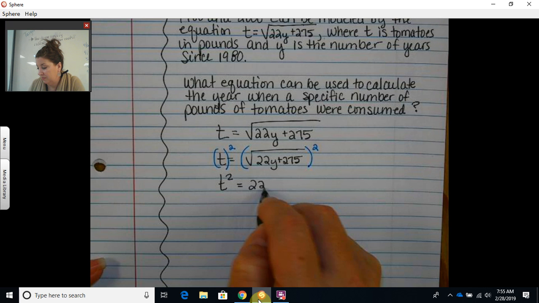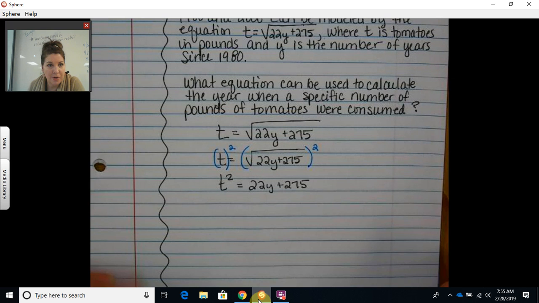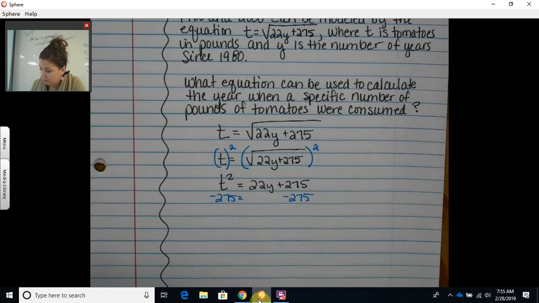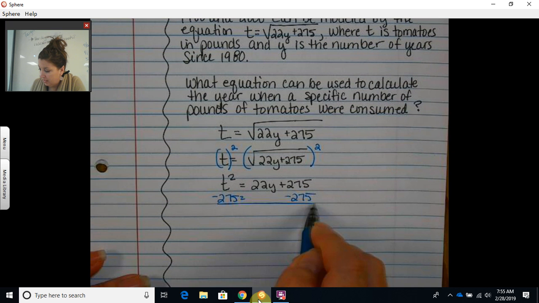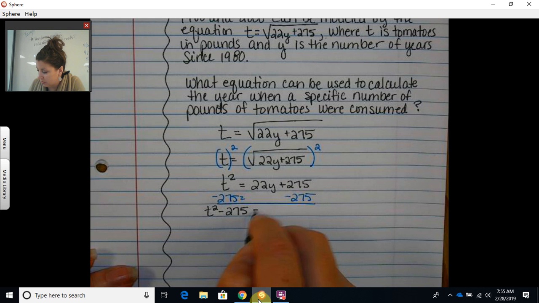Exactly. I'm solving for y, so what do I do now? Subtract 275 from both sides. And I get t squared minus 275 equals 22y.